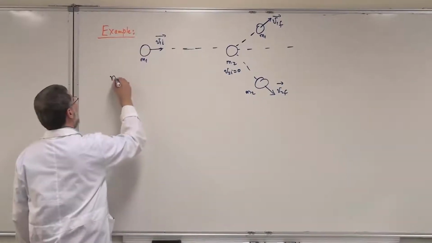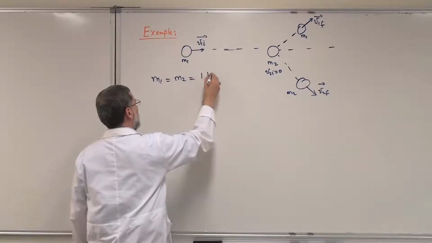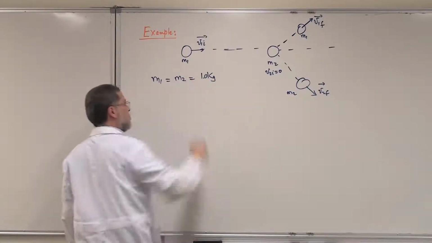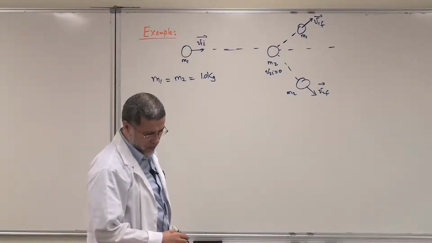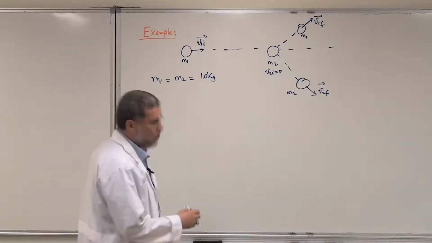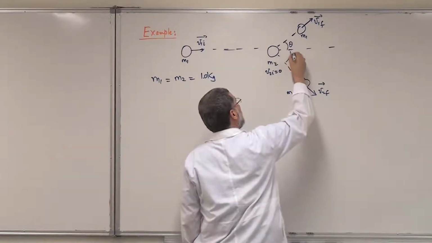So m1 equals m2. Let's say 1 kilogram, for example. We will see, we don't need the mass now. And I have two angles here, very important, theta and phi.